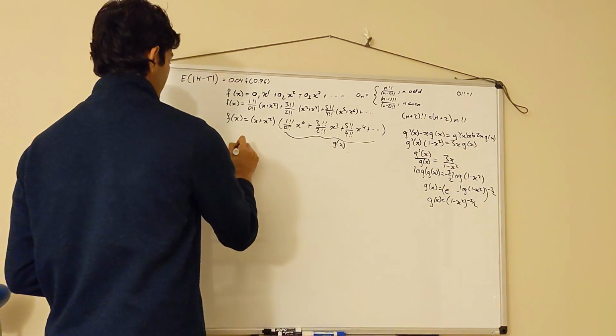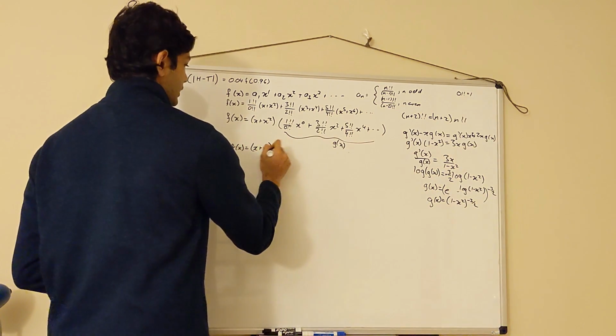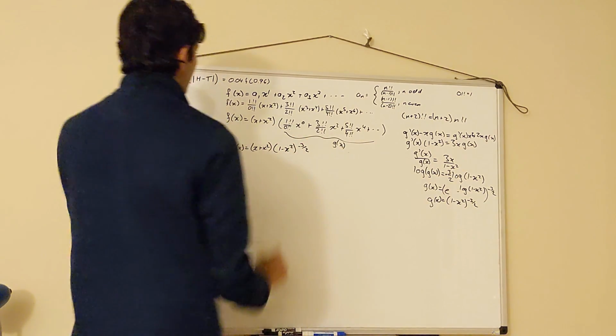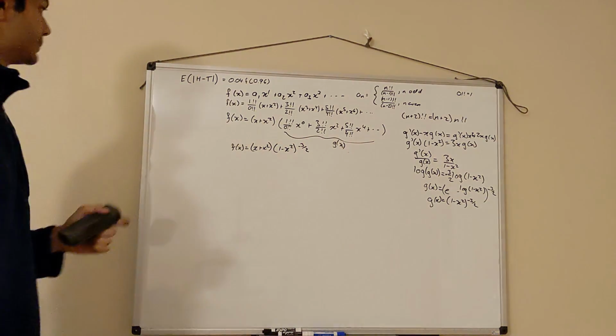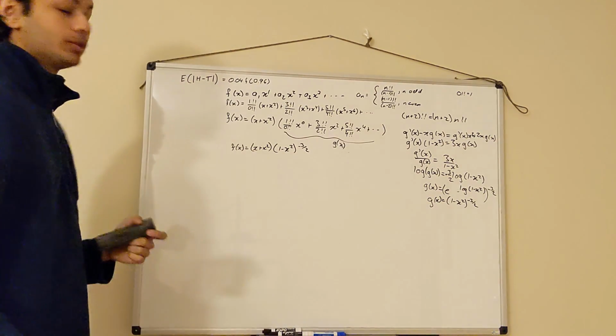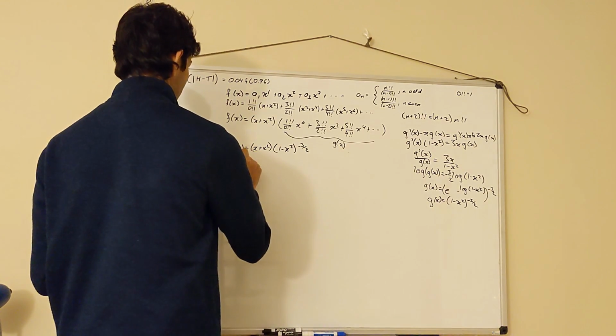Okay, so we know that f of x is now equal to x plus x squared times 1 minus x squared to the power of negative 3 halves. And now we want to do this computation over here. So I did not actually ever do the computation, I just looked at the answer key. But let's see if I can do it out right now.